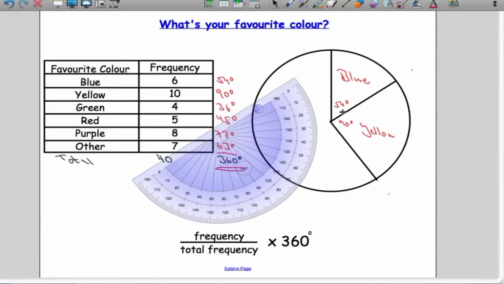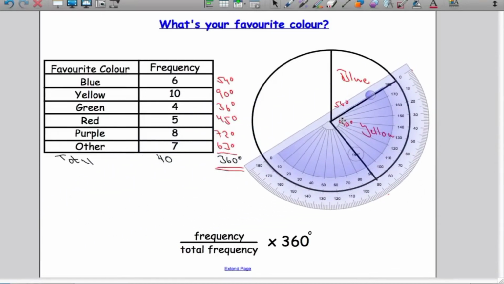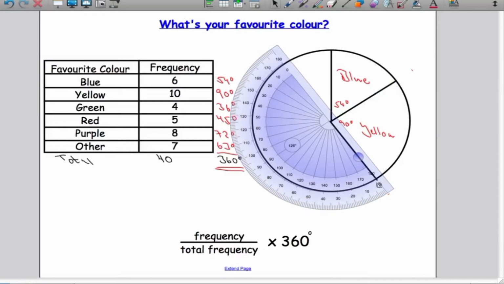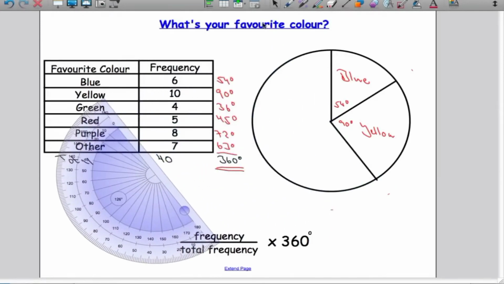Then we'll take green, and the result for green is 36 degrees. So just as we did for blue, with the aid of the compass, from where we stopped, turn the compass to the last line, then you cut out your 36 degrees. Then using your ruler, you draw a straight line to the point where it cuts from the compass to give you your 36 degrees. 36 degrees for green.